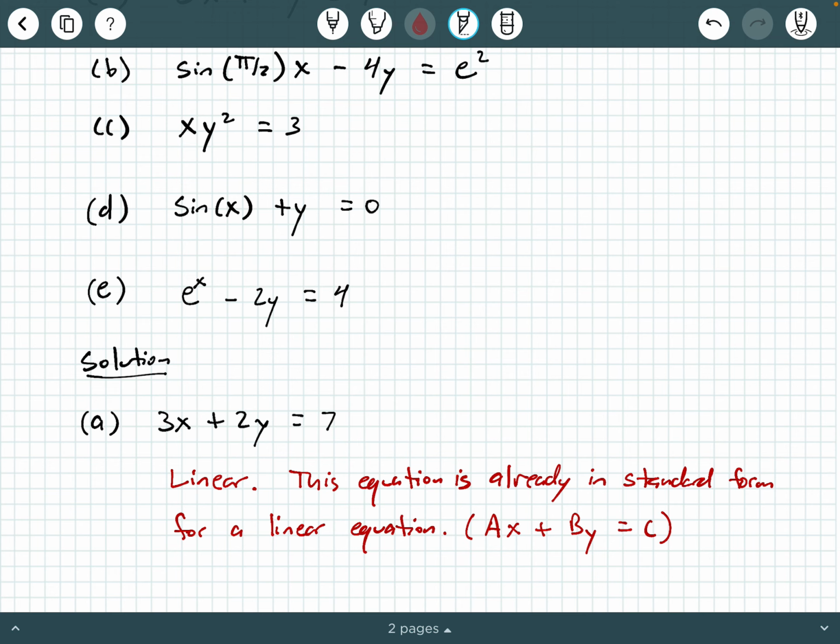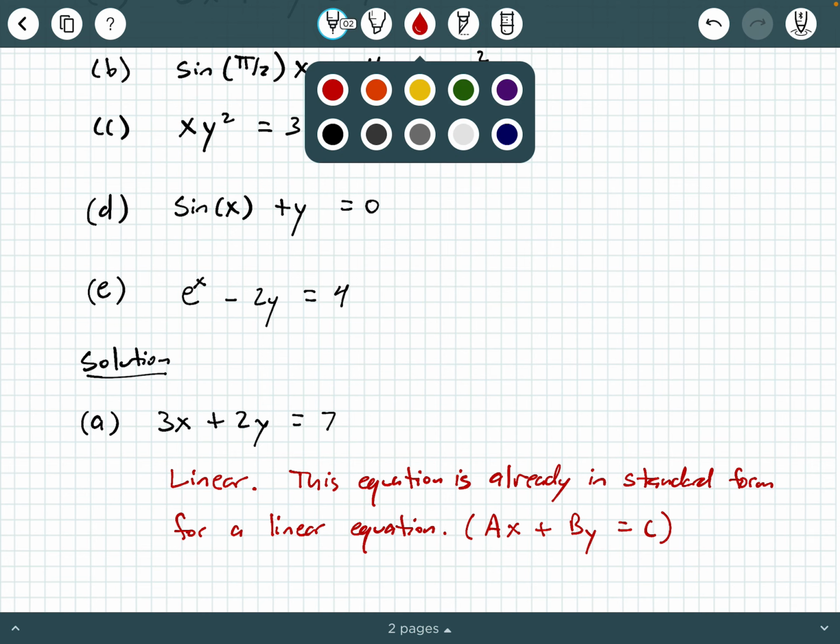Or again, you could rearrange this equation and solve for y to get slope-intercept form, y equals mx plus b, and you will see that the slope m relates your independent and dependent variables by a constant, the constant being the slope, okay? So again, equation A is linear, all right?